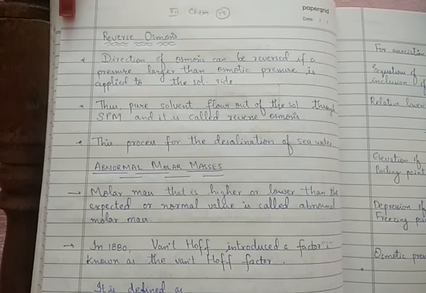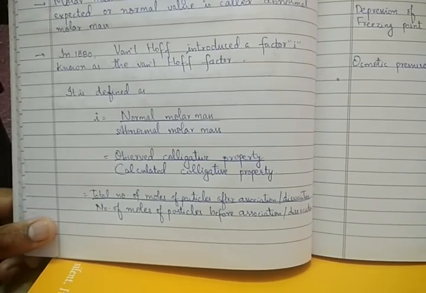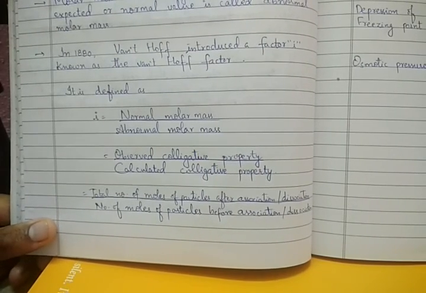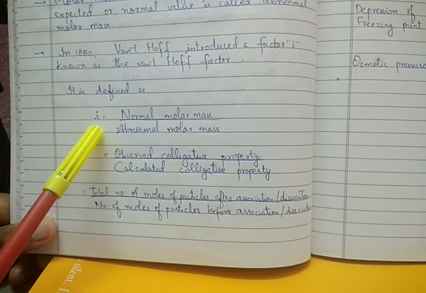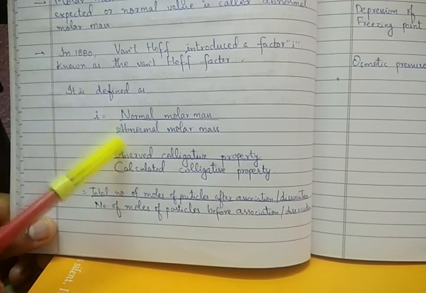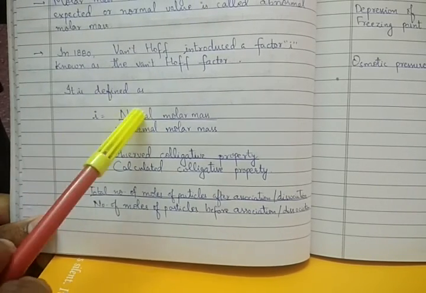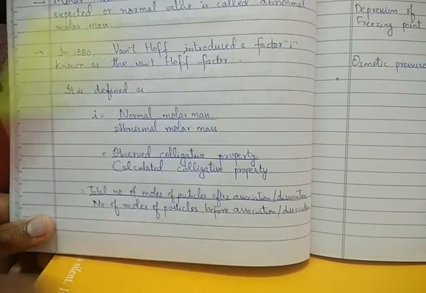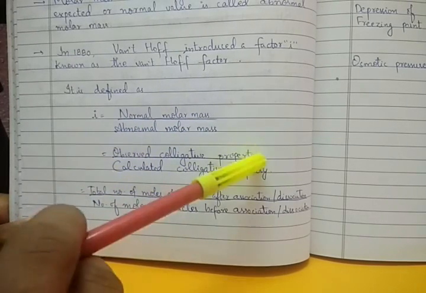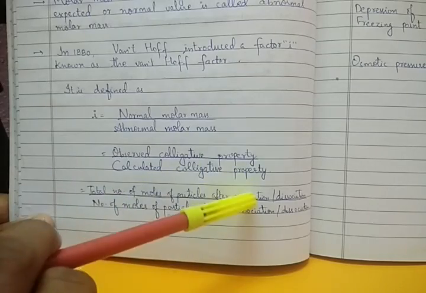So what is the equation of the Van 't Hoff factor? The Van 't Hoff factor is represented with the symbol i. i equals normal molar mass divided by abnormal molar mass, or observed colligative property divided by calculated colligative property.